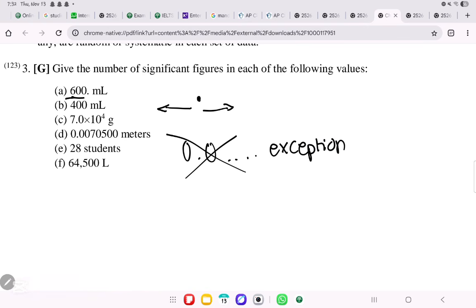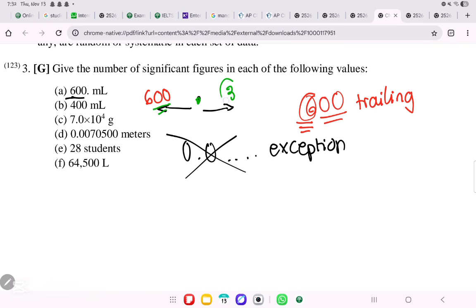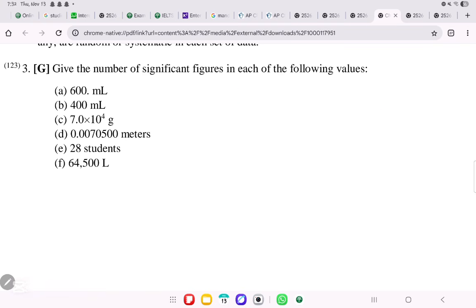But, for example, in this scenario, I have 6 and then 0, 0, and then a point. If it's 600 only, I would have one significant figure, which is the 6. And these are known as trailing zeros. However, I put a point, so now these are no longer trailing zeros. That means I would have 3 significant figures.